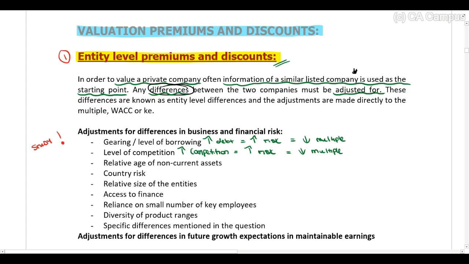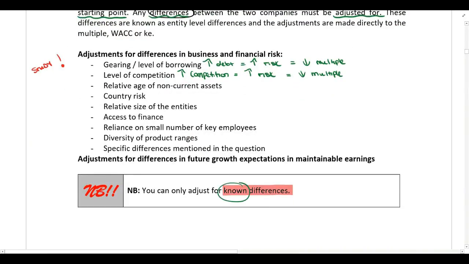Obviously, the inverse is also true. If a company is exposed to less competition, they will be less risky, and then you need to increase the multiple. So I'm just focusing on the one side, but obviously the inverse is also true. And once again, in this question, we were not given any information about the level of competition, so we can't adjust for this difference because we only adjust for known differences.